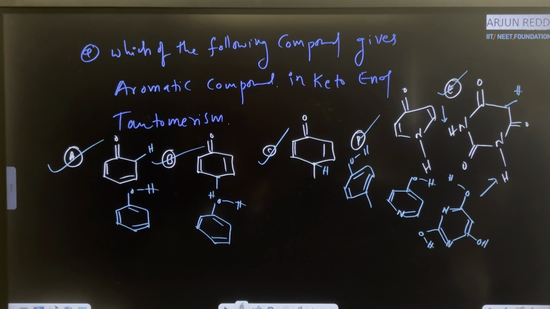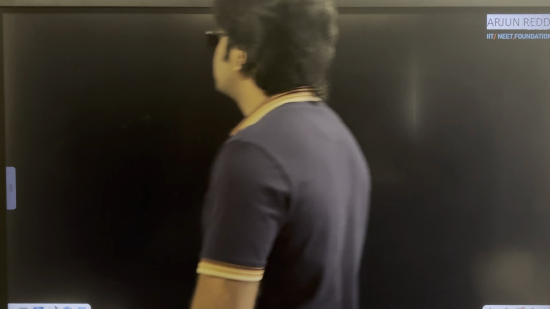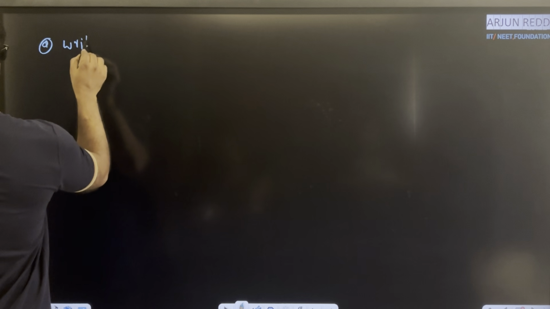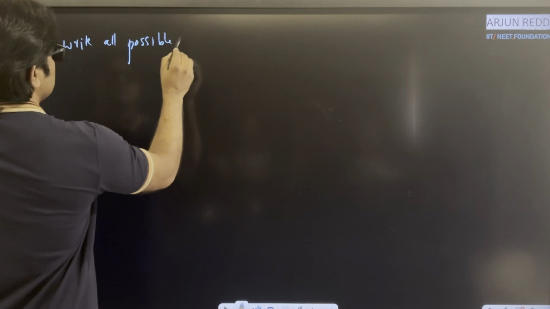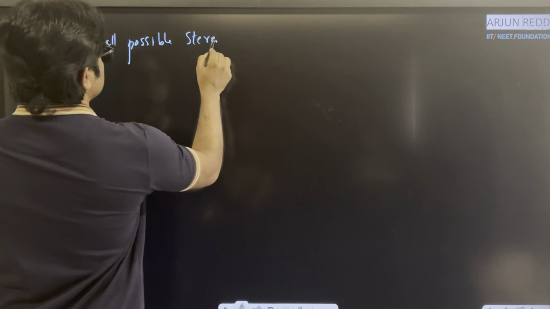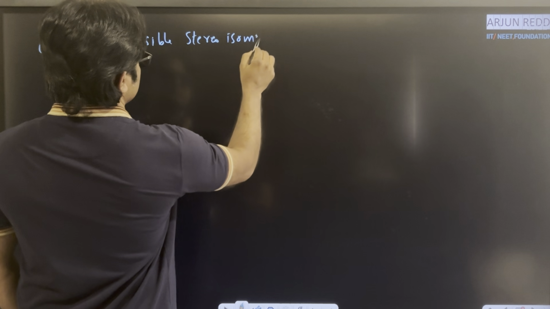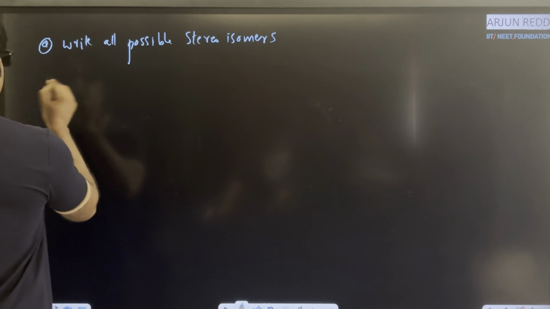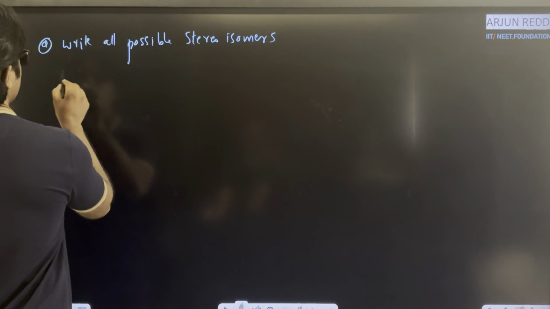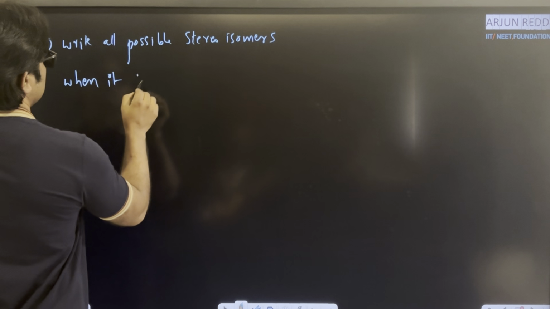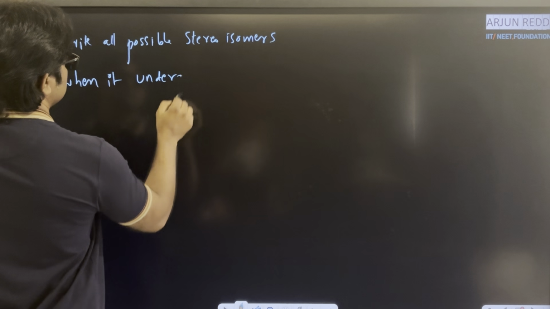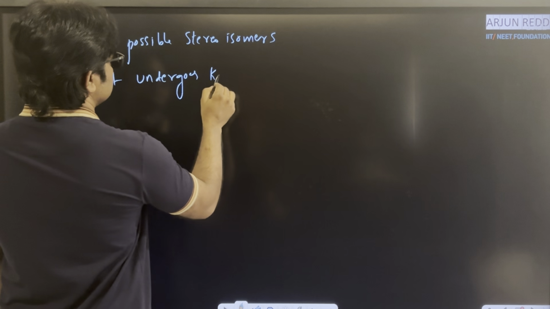Okay, let me go to the next example. In the next example, I am giving this question: write all possible stereoisomers when it undergoes keto-enol tautomerism.